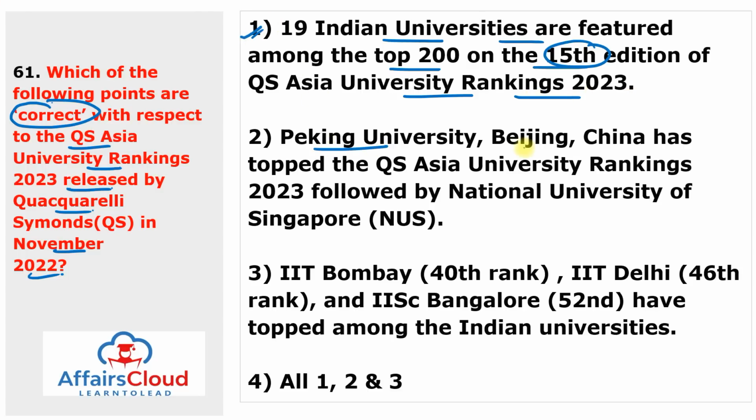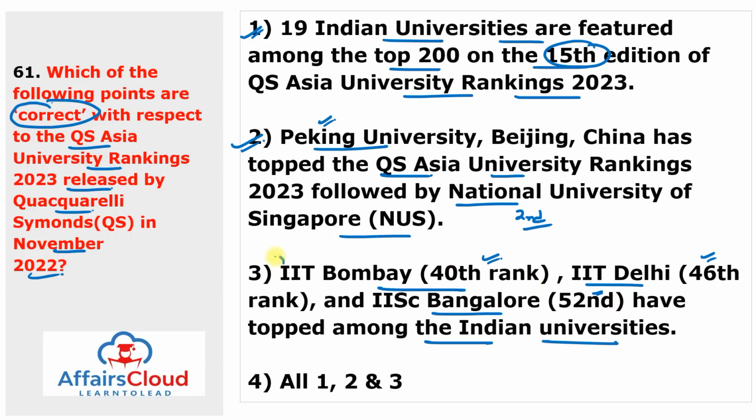Next is Peking University of Beijing, China has topped the QS Asia University Ranking 2023, followed by the National University of Singapore. It means first rank goes to Peking University and second rank goes to the National University of Singapore. This statement is also true. IIT Bombay on the 40th rank, IIT Delhi on 46th rank, IISc Bengaluru on 52nd rank have topped among the Indian universities.